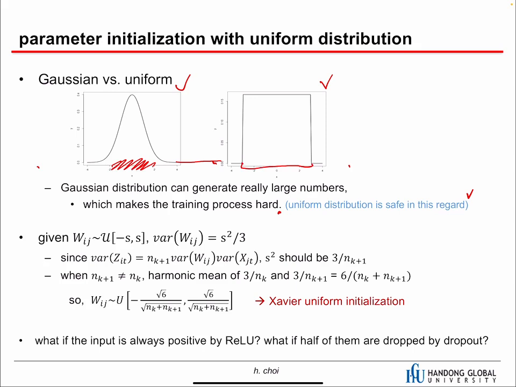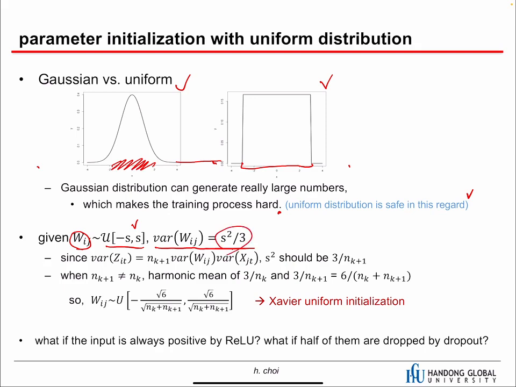So let's initialize the parameters with uniform distribution, but we want to keep the same principle. We don't want to change the variance. If we initialize the parameter from the uniform distribution from minus s to s, this is the range of this uniform distribution, and then the variance of this parameter will be s squared divided by 3.